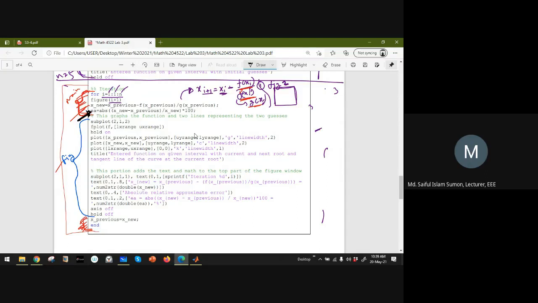Which equation? Can anyone remember? The relative approximate error. Yes, that's actually the absolute value of x new minus x previous divided by x new into 100. So every time we are finding EA.